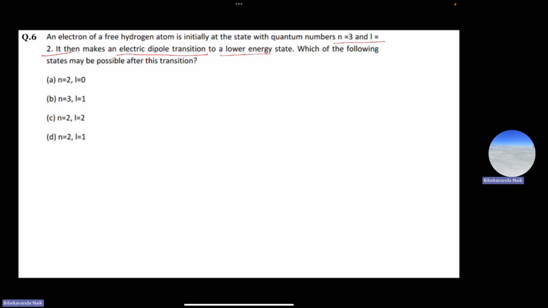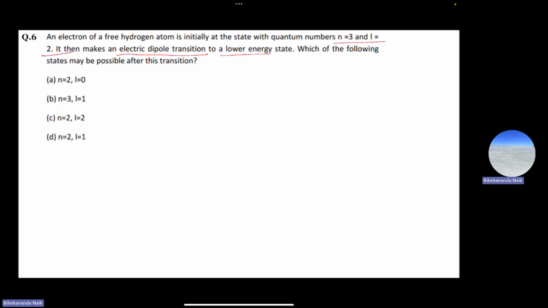So an electric dipole transition is basically a transition of the electron which occurs between two energy states of an atom, and that is influenced by the external electric field, and it is the most common type of transition. So there are a few selection rules that the two states, that is the final state and initial state, should obey, so that the transition between the two levels can be an electric dipole transition.